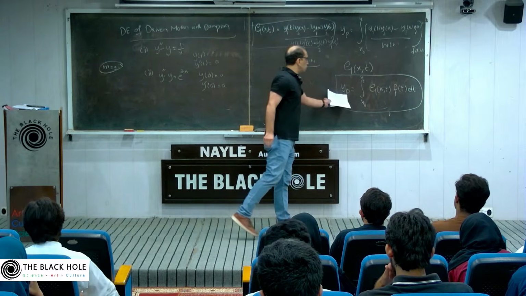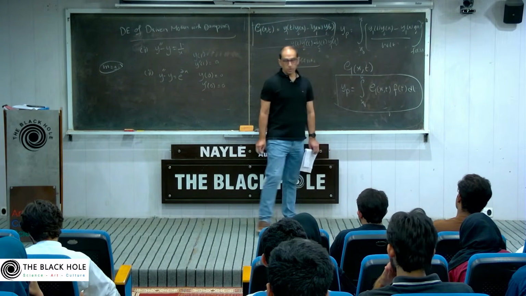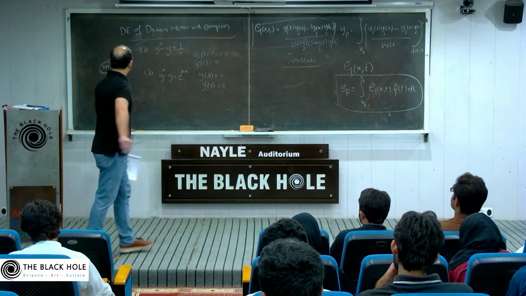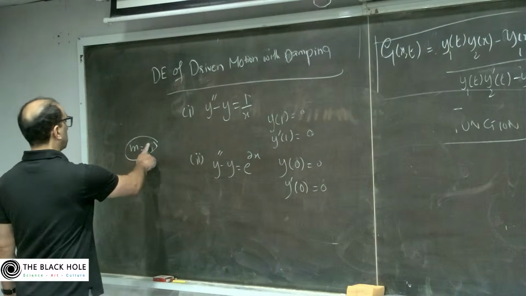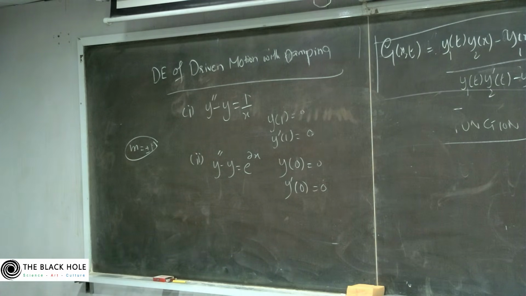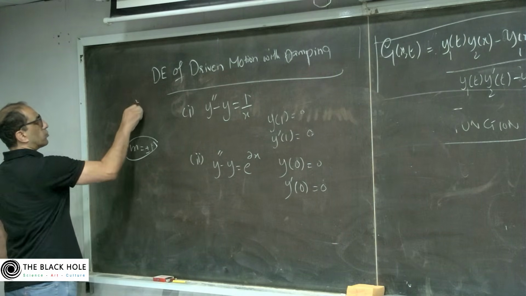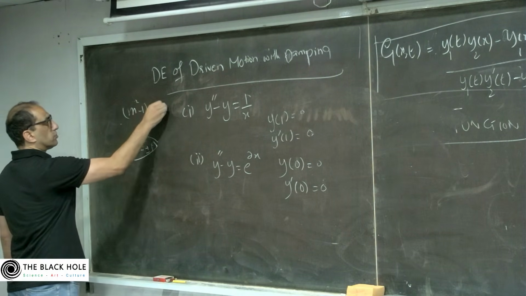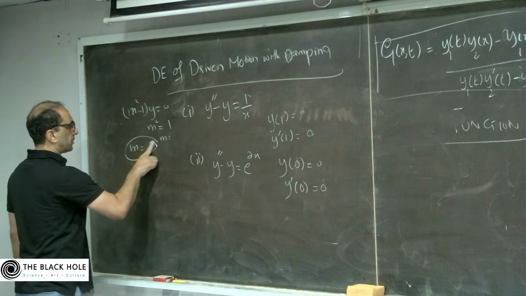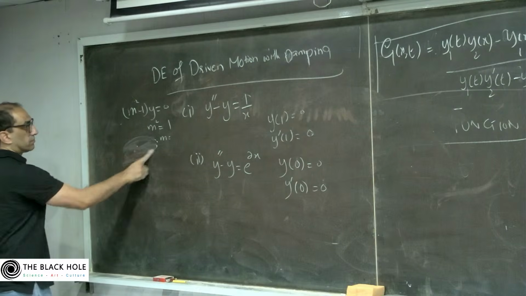Over here, the particular solution will of course change. Oh, sorry, minus 1. Sorry. Because m square minus 1 y is equal to 0, m square is equal to 1, m is equal to plus minus 1. Thank you.